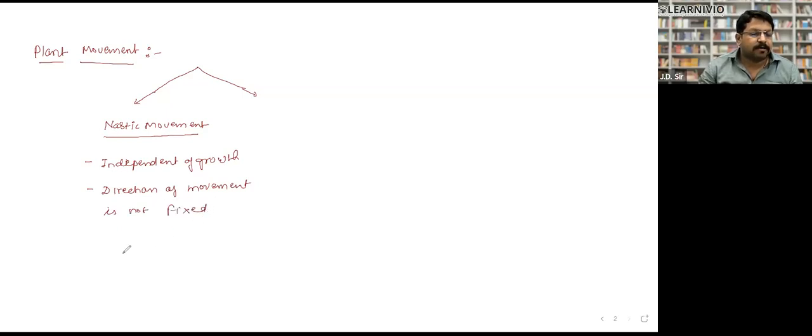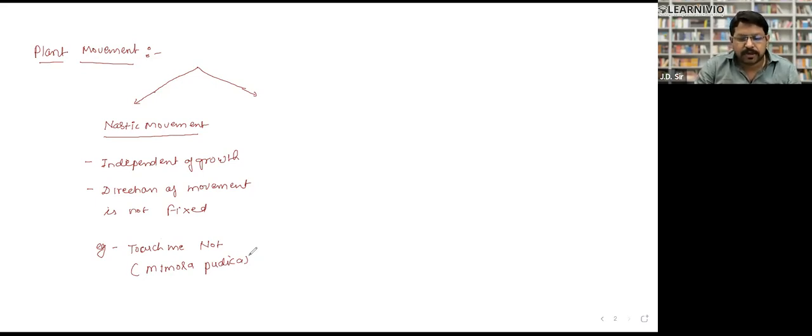What is an example? For example, there is a plant we call touch me not. Do you know this plant? Scientifically, we call this plant Mimosa pudica. So this plant shows nastic movement. Have you seen that plant? Very common plant.